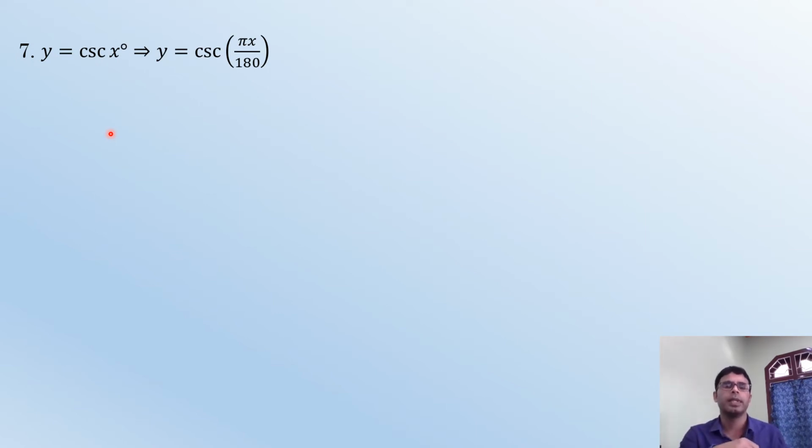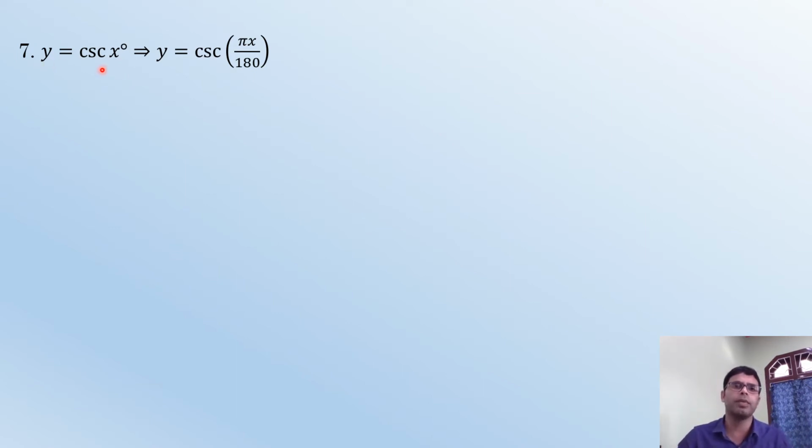So therefore you cannot differentiate x degree directly. You should not write cosec x degree derivative is equal to minus cosec x degree times cot x degree. That will be wrong, because this degree should first be converted into radian, and after that you can find the differentiation. Okay, so for 1 mark these types of questions are usually asked in your exam.